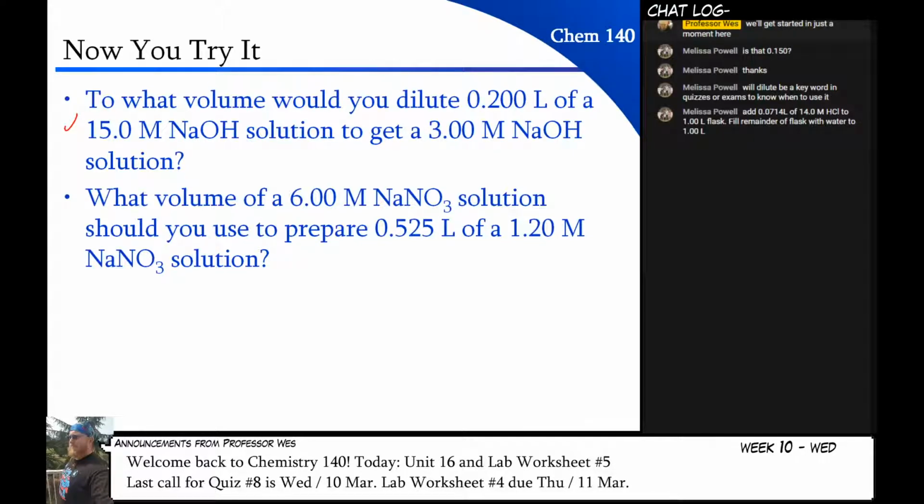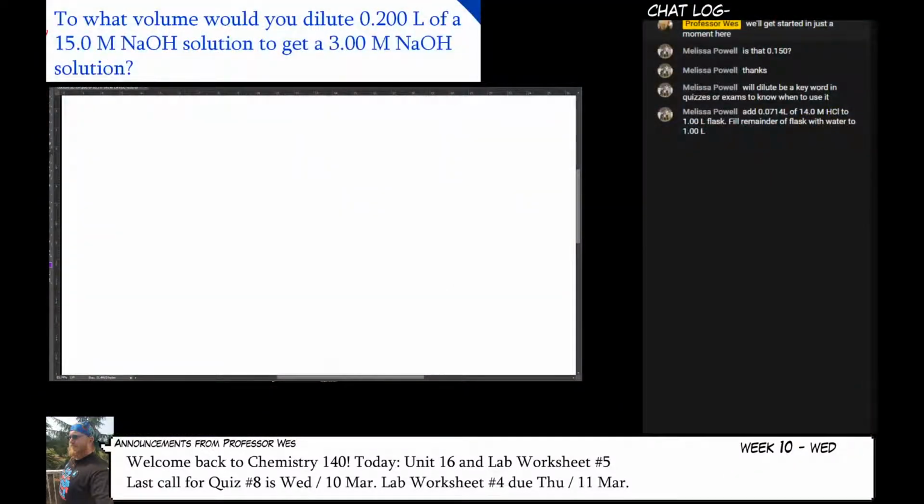All right, let's go over the answers here. We'll go back to, oops, that's the wrong screen. So this first problem requires us to solve for a different component. But let's just set up our grid here. The molarity part is pretty easy to put down the right numbers here. So I start with a 15 molar solution, and I end with a 3 molar solution.